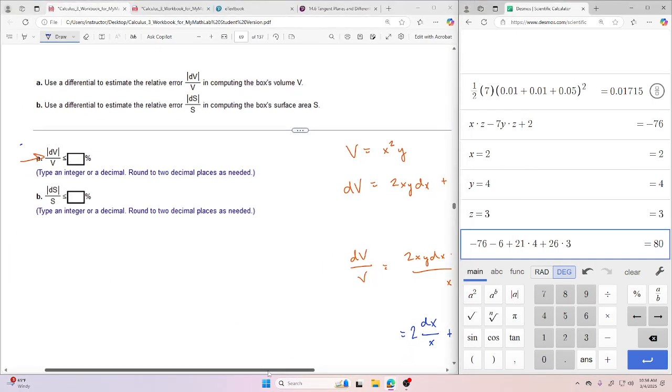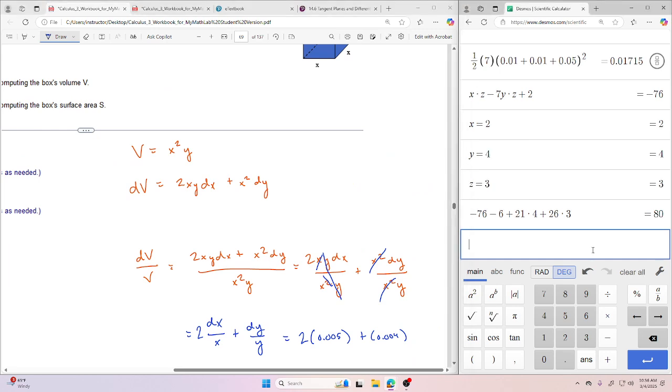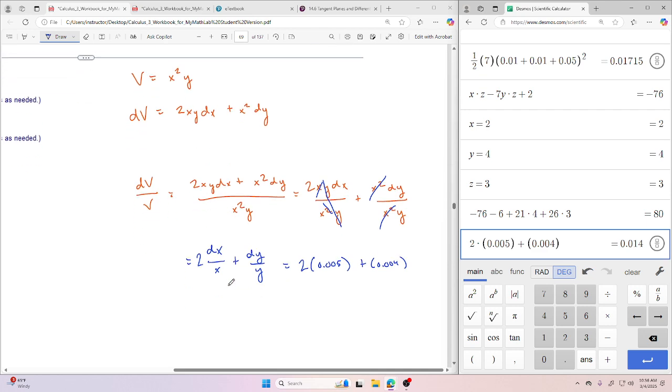Calculator. And I got that number, which is the answer, by the way: 0.014. If I convert it into percentage, that's 1.40%. And that's what they actually wanted.